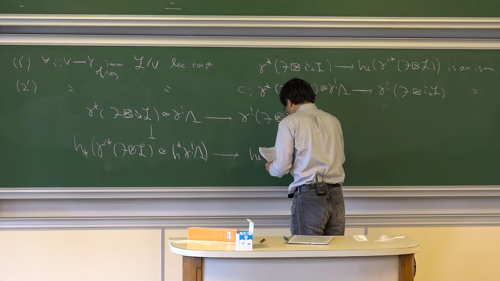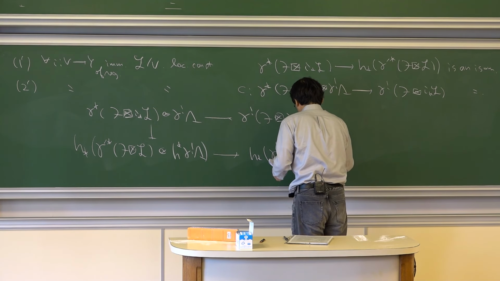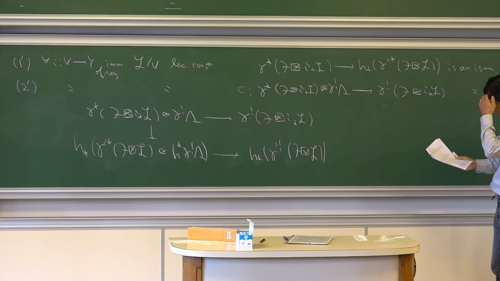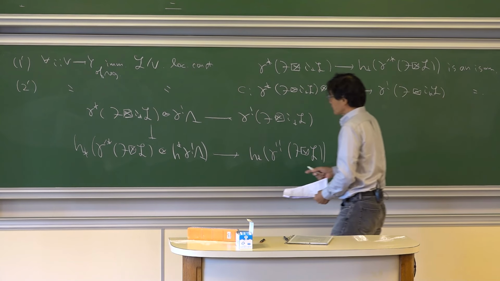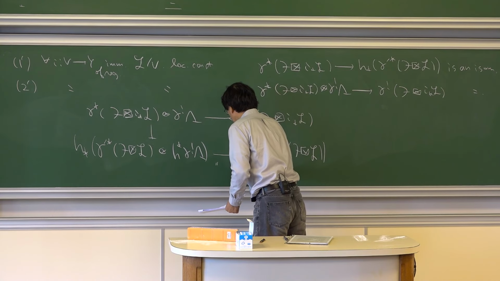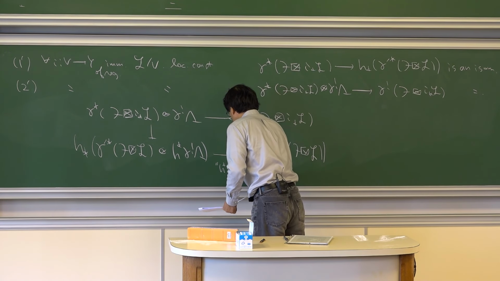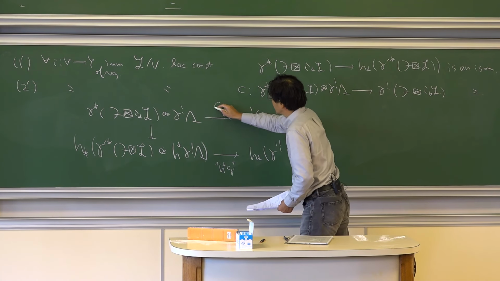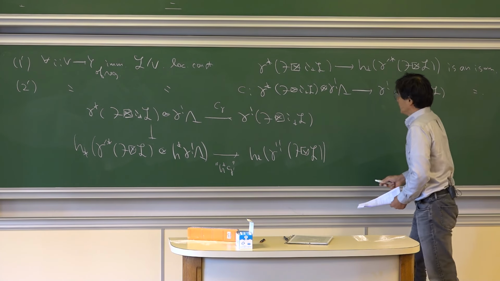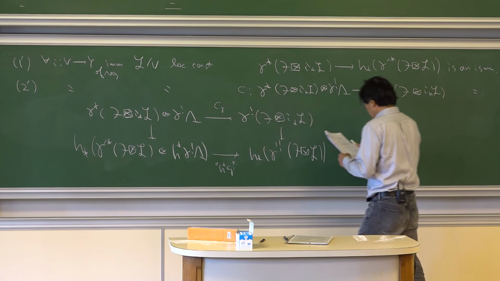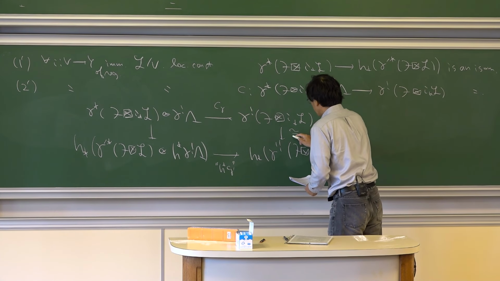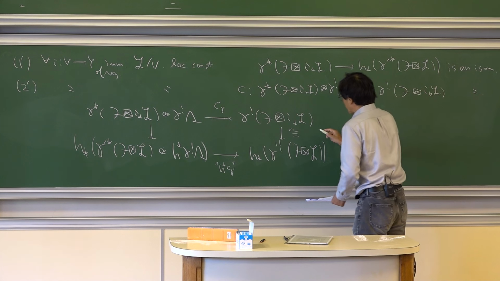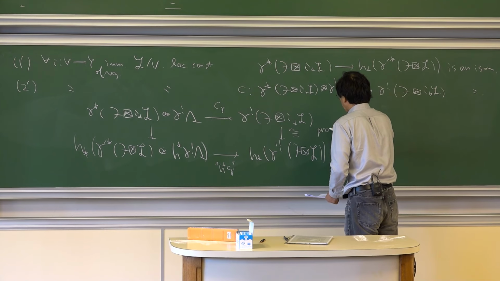So this is almost h star of C for gamma prime. So this is C for gamma. And here is the base change isomorphism. So this is an isomorphism by proper base change.